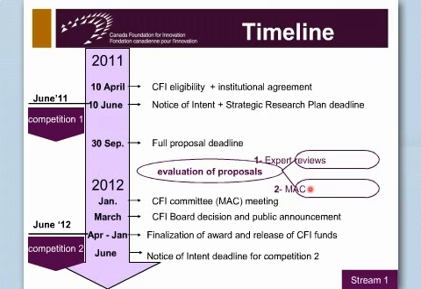We will probably hold more information sessions once the funded projects are announced, so you will get a lot more details on this. As you know, the second competition for Stream 1 is exactly 1 year later with roughly the same deadlines as the first competition.